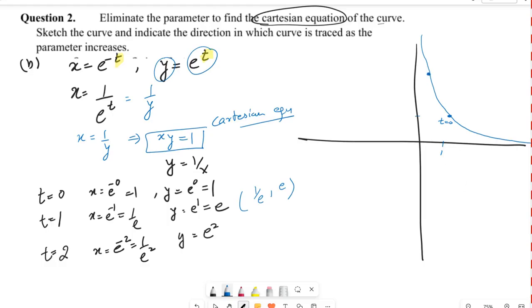And somewhere here would be the point, because e is basically 2.7 something, and 1 by e is less than 1. So what I'm trying to do by this is show that this is t equals 0 and this is t equals 1, therefore our graph is going this way. To sketch the curve of a parametric equation, you don't just draw the graph, you also need to show the direction. Direction comes from the t values, which way the t values are increasing. From 0 to 1, we are going in that direction. So this is your curve.